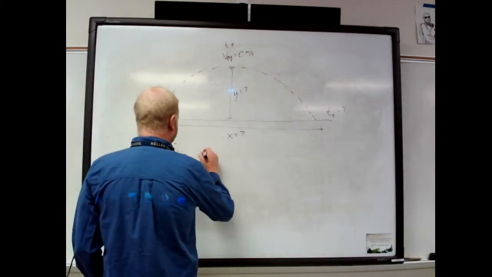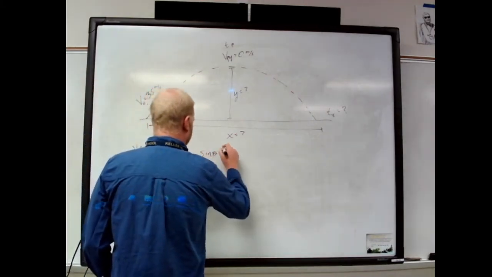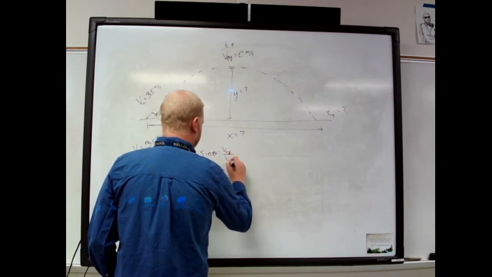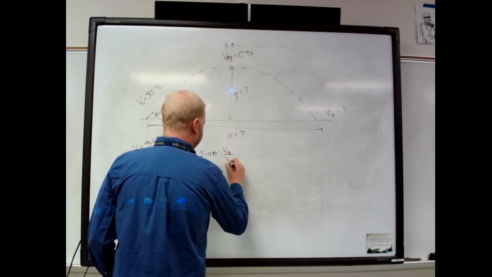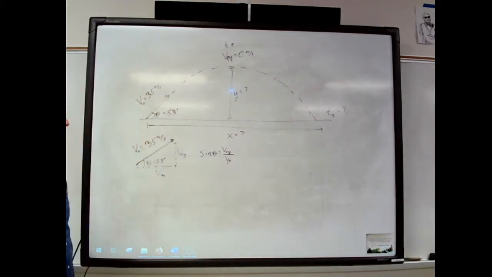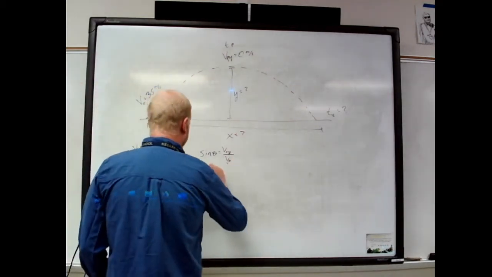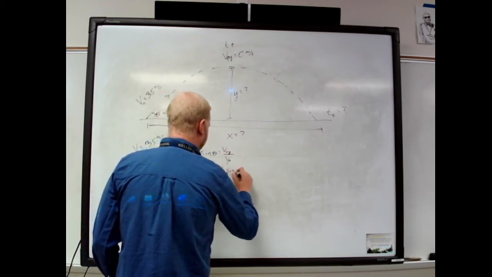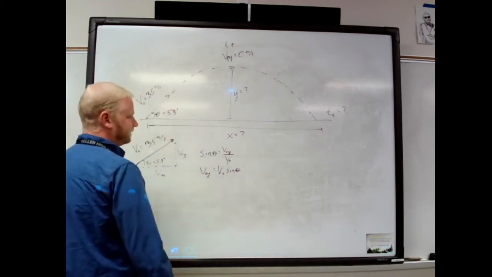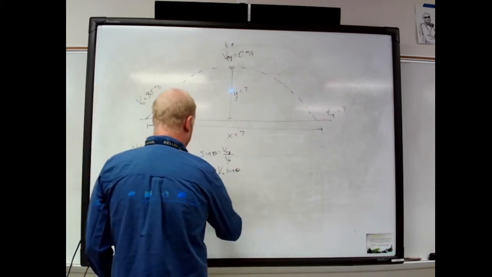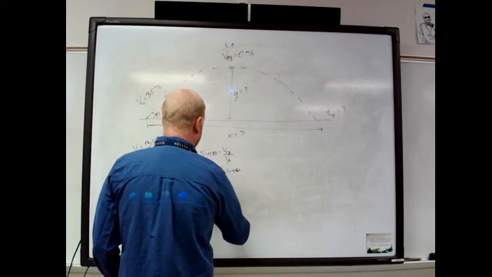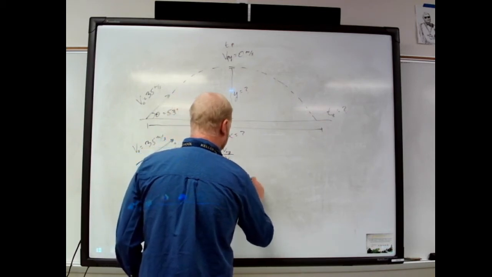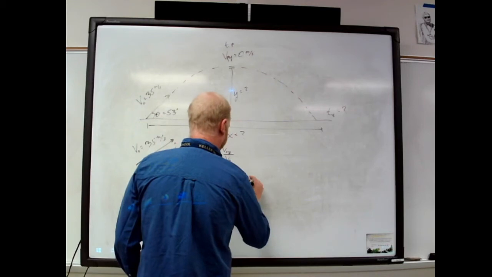To find V naught y, we need to use a sine function. If we rearrange this, you get V naught y equals V naught times the sine of your angle. So V naught y would be 35 meters per second times the sine of 53.